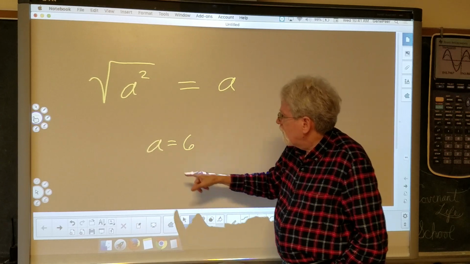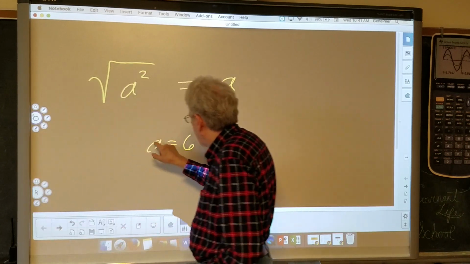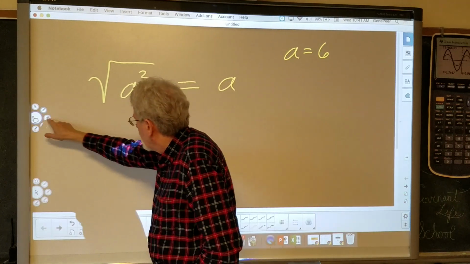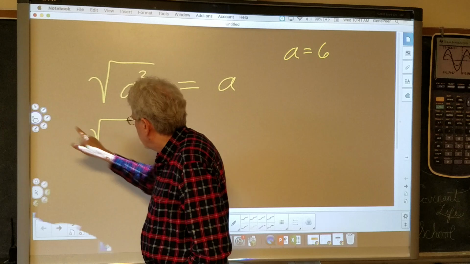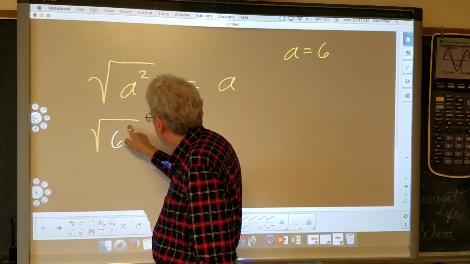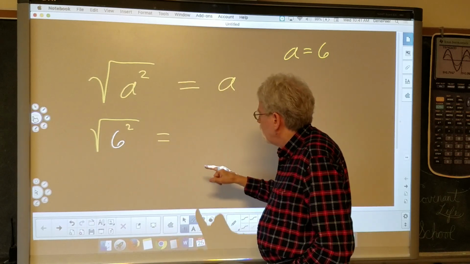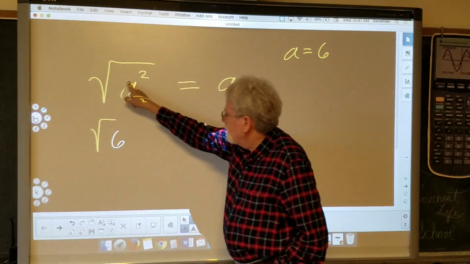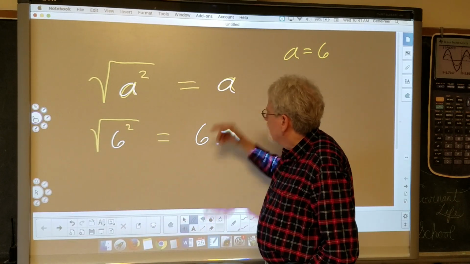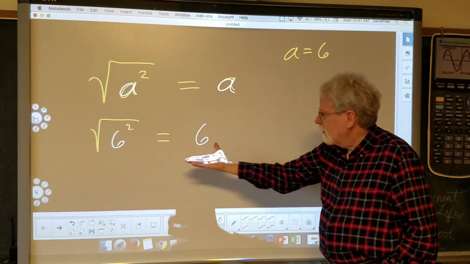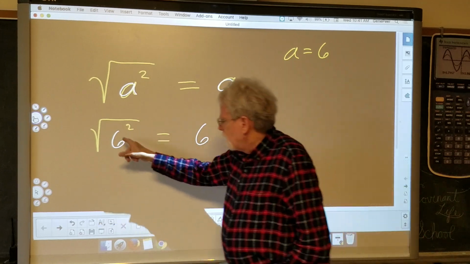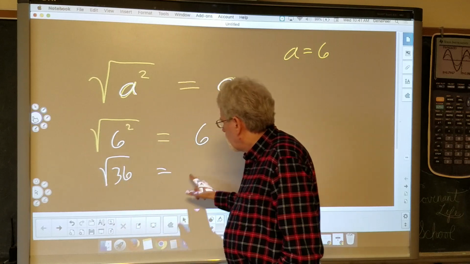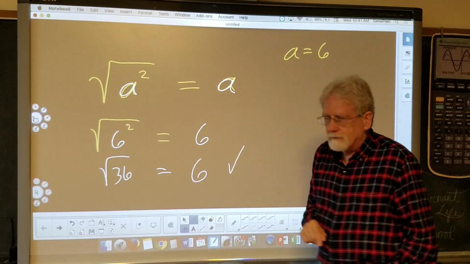If a is 6, we would have the square root of 6 squared. Is that equal to just plain 6? If I change the a and the a into a 6 and a 6, is this statement true? Well, this gives me the square root of 6 squared, which is the square root of 36, and the square root of 36 is 6, so this works.